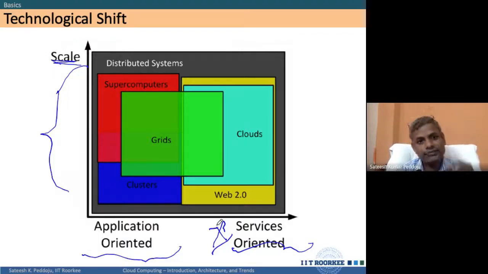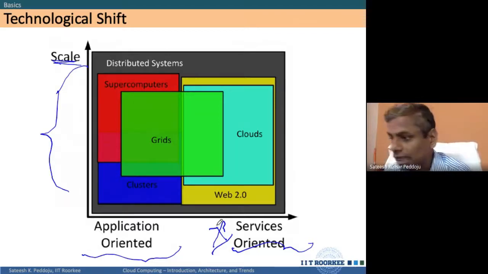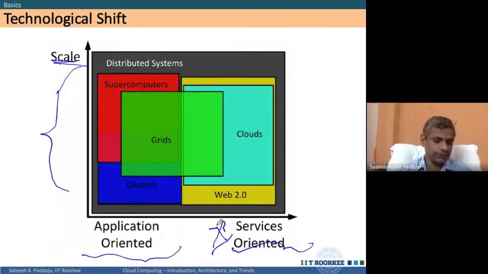So this is a great advantage of service orientation, where it doesn't restrict you to a particular application or a particular time, but gives you the flexibility to provide every available resource as a service.